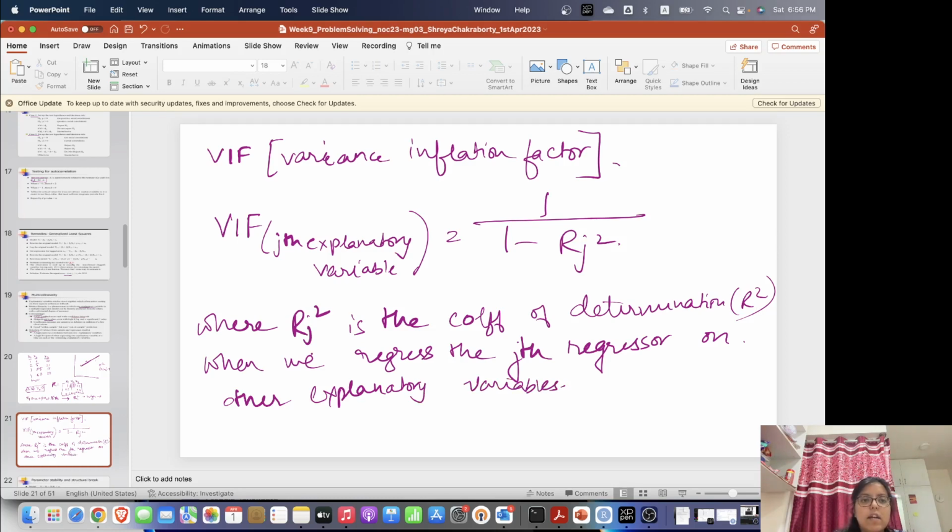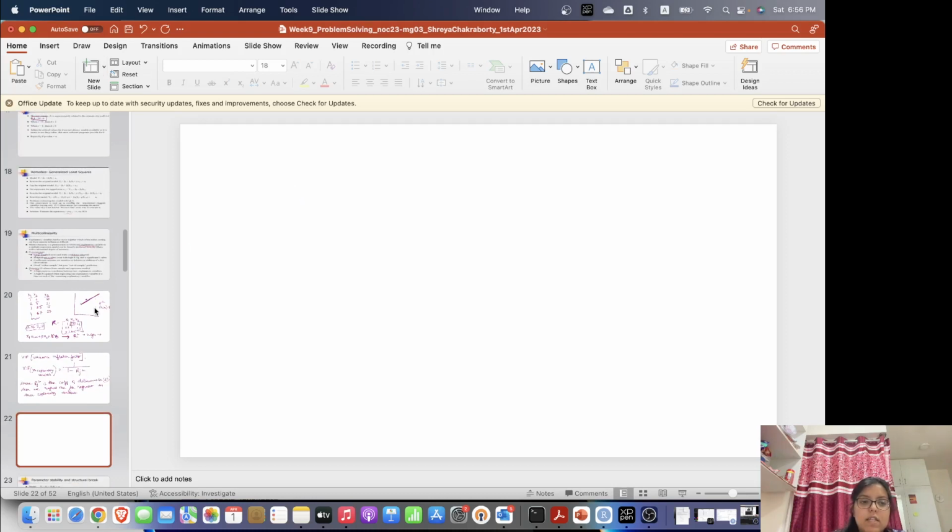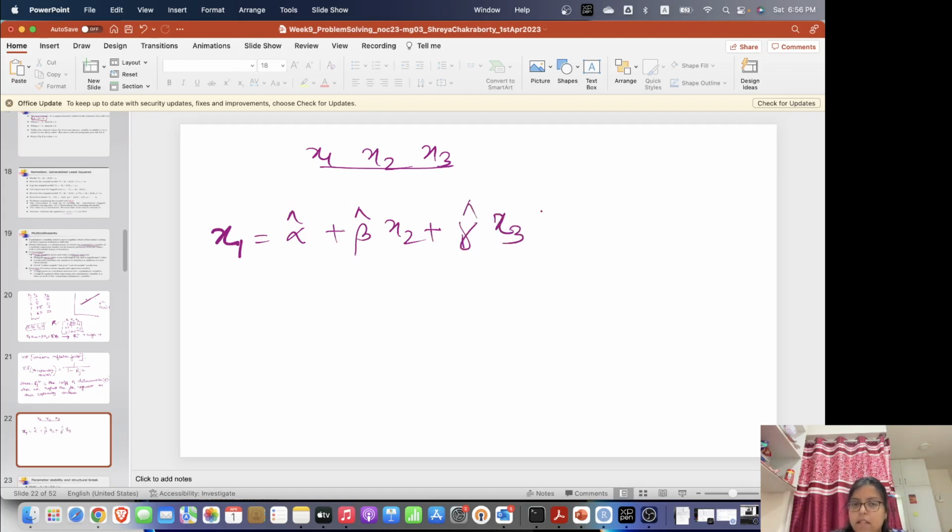Taking the example I was talking about, with x1, x2, x3, regressing x1 on the others we would get x1 hat equal to alpha hat plus beta hat x2 plus gamma hat x3. This will be the regression equation.